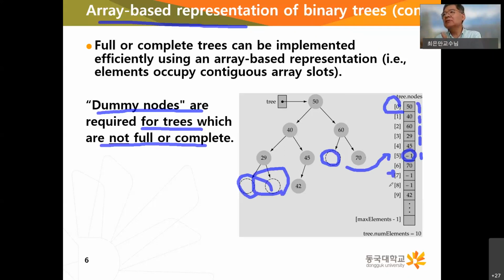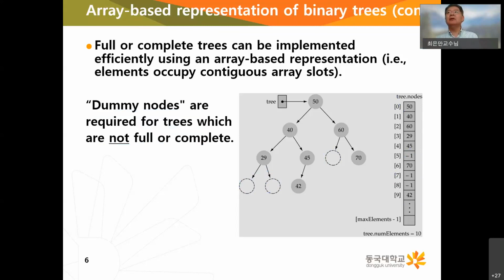Okay? So you need to make room for that position, right? Because you have to keep the rule for calculating the index value to find out the parent or children. Okay. 자, 뭐 이건 별로 어려운 얘기 아니죠, 그죠?